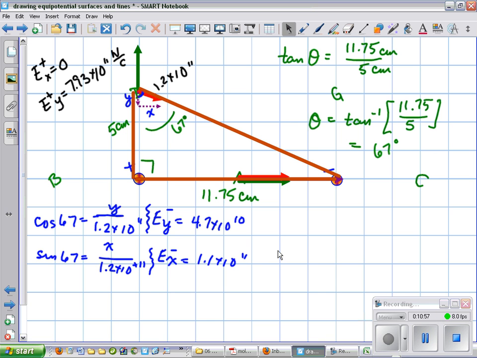So my total x component is 1.1 times 10 to the 11th, and it is pointed to the right, which is the positive direction, so it's a positive vector. My total y component is, the green vector is directed upward, it's positive 7.93 times 10 to the 11th.